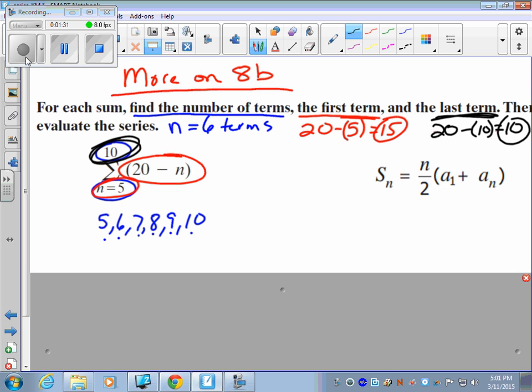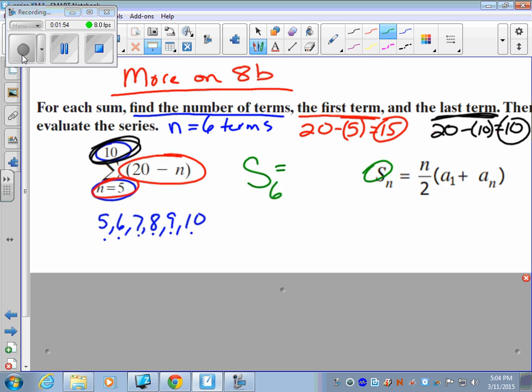Then we have to evaluate the series, which means add it up. What we're going to do is use this formula over here, S sub n. S just means you're summing it up. N means the number of terms, so we're summing up 6 terms.